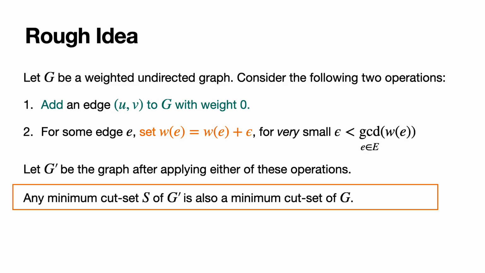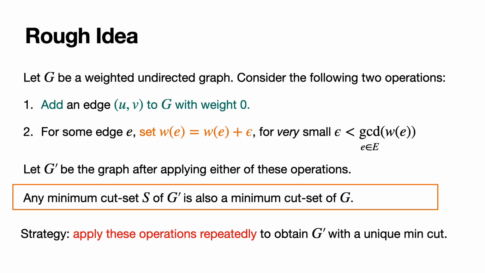However, the set of minimum cuts can become smaller, right? So let's say you have 2 minimum cuts and we ever so slightly increase the weight of 1. Well, then there's only 1 minimum cut left, right? So that's the idea. We're going to apply these operations repeatedly to finally obtain a graph G prime which has a unique minimum cut. Then we can run any randomized minimum cut algorithm on G prime, and we're guaranteed that it's also a minimum cut of G.